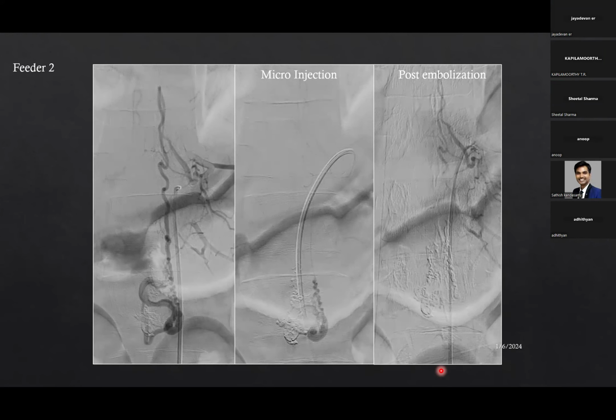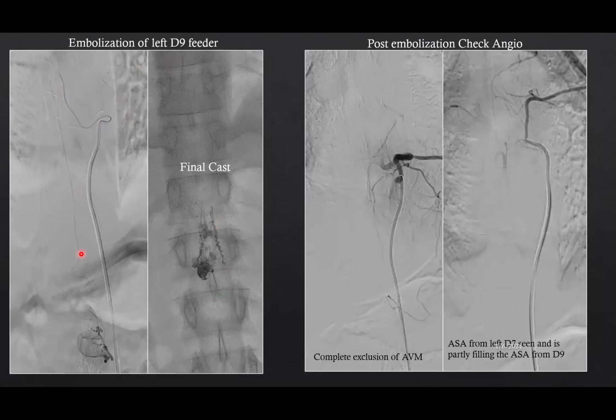This is a cast after the first sitting. The other 2 residual feeders were embolized, again with the provocative test performed first, followed by embolization. So this is the final cast, and in 2 sittings, complete embolization of the vascular malformation was achieved.